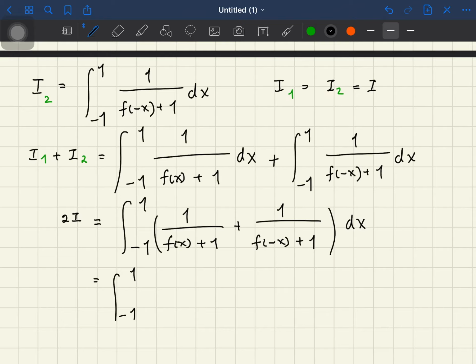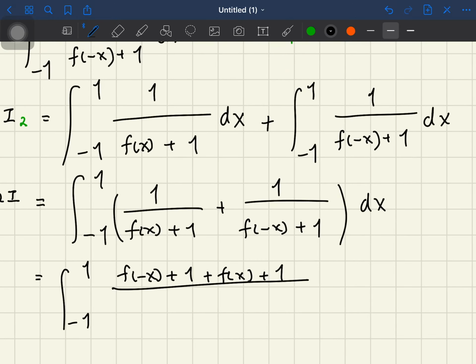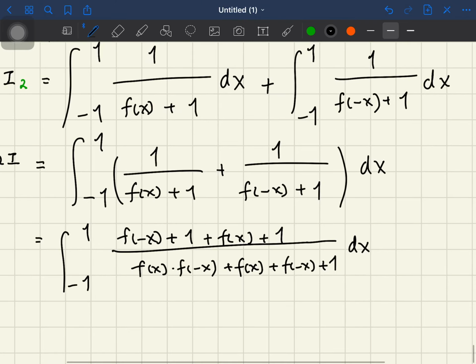Remember, they have different denominators. We just multiply with their so-called conjugate denominator because we have -x here. So on the left one you will have f(-x) plus 1 on the numerator, and on the right one you will have f(x) plus 1, and at the denominator, interestingly, you will have f(x) times f(-x) plus f(x) plus f(-x) plus 1, and then here also dx.